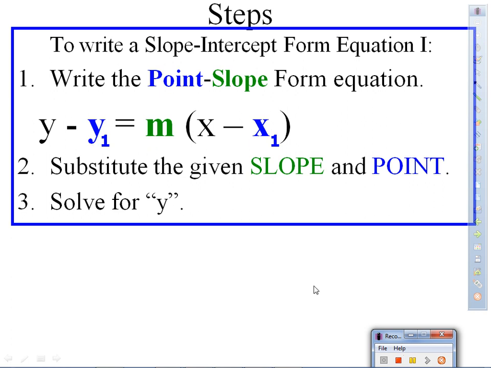I'll stop right there. So once again, our point-slope form is y minus y1 equals m times x minus x1.